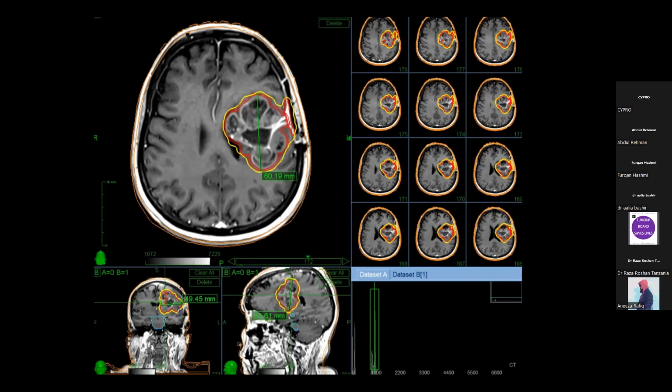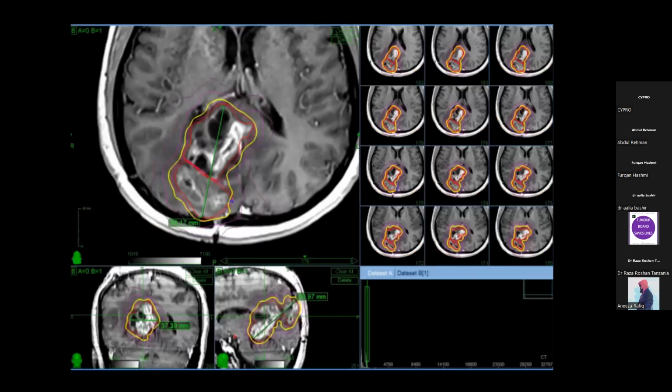So be careful when you offer surgery in these patients. Another example, a 4 to 5 centimeter lesion, had a surgery. After 6 weeks, when she recovered and came to us, this was the lesion there. We ended up radiating 6 centimeters.